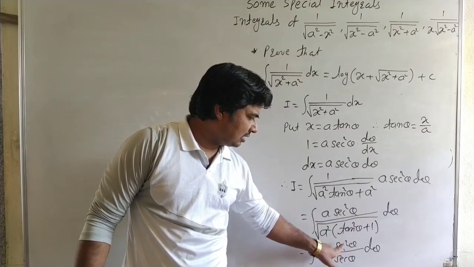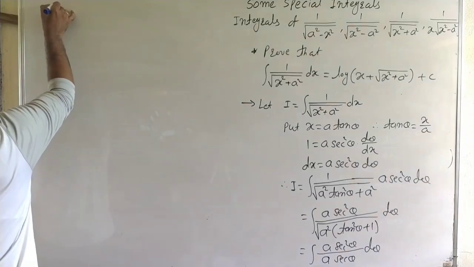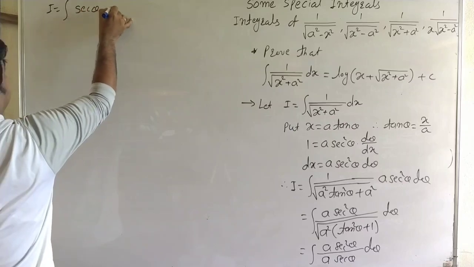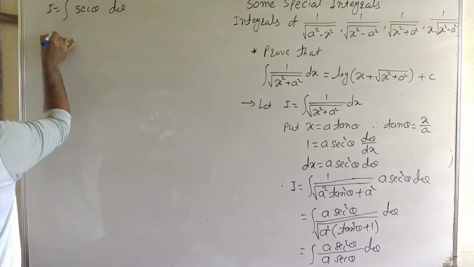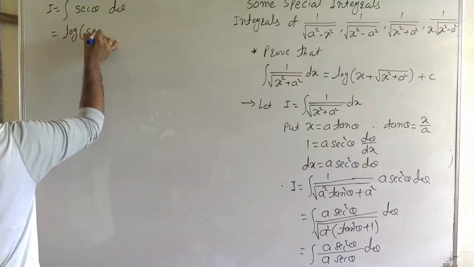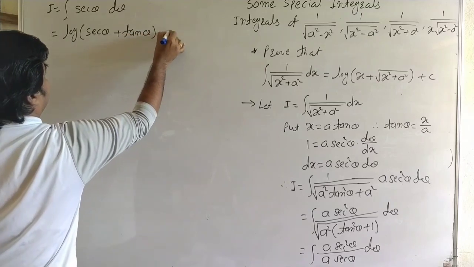A gets cancelled, sec theta gets cancelled. Then the integral is equal to sec theta d theta, and the integral of sec theta is log of sec theta plus tan theta plus c.